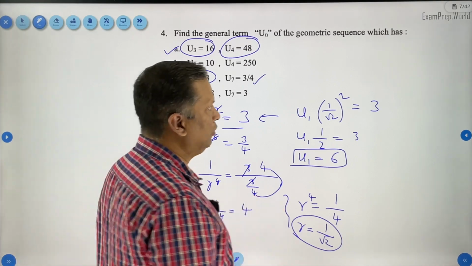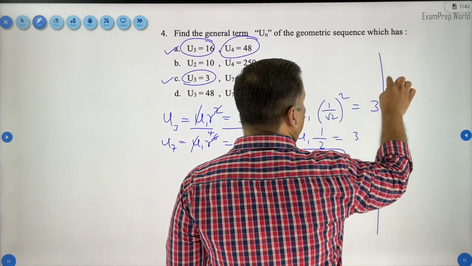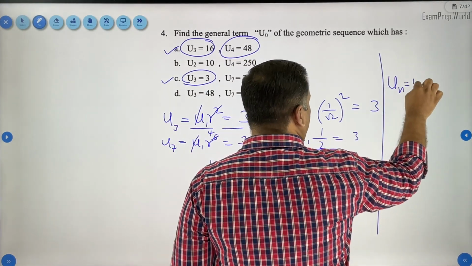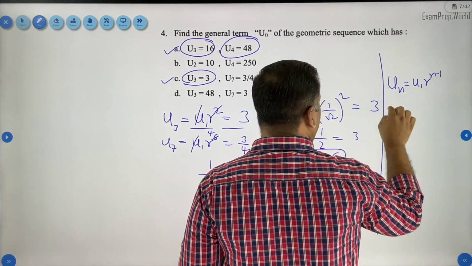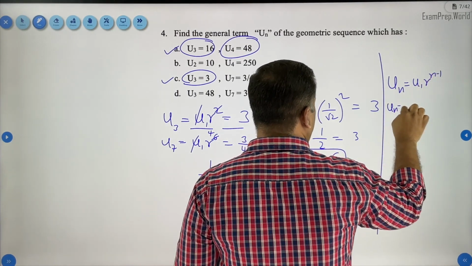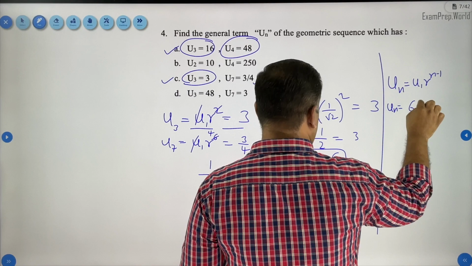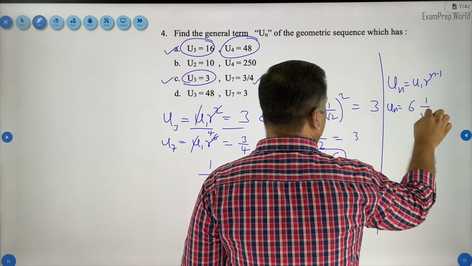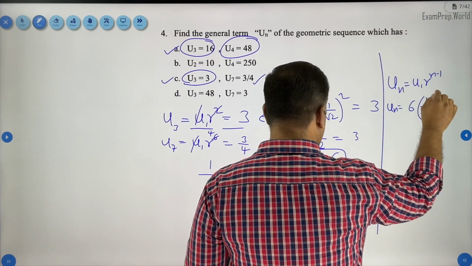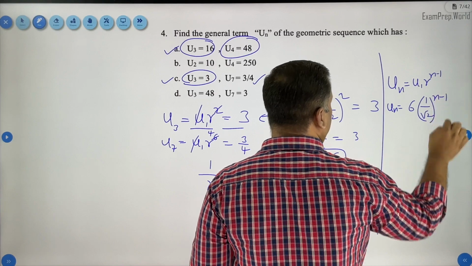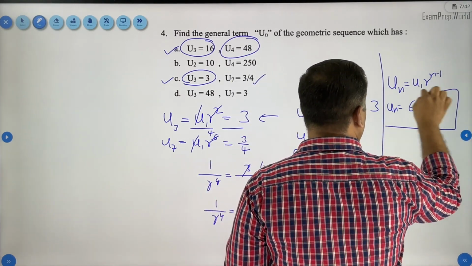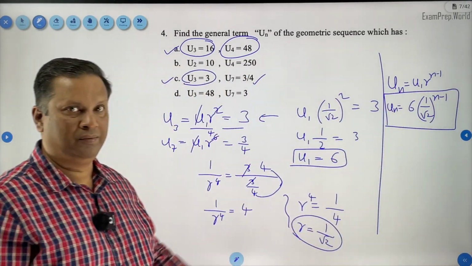Straight away write the general formula. How will you write? Un equals U1 R to power n minus 1. So Un is 6 times 1 by root 2 whole to power n minus 1. That's your answer for C.